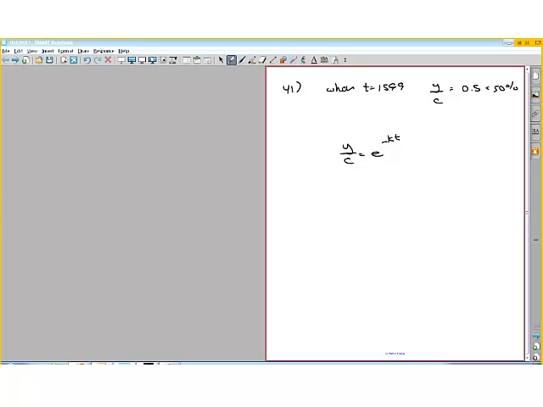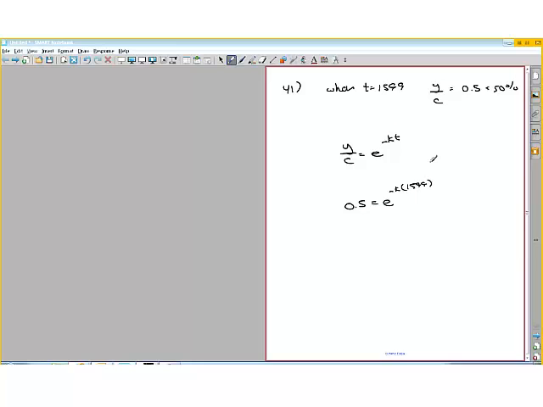So what we're going to do is solve for K, and then plug T in, and then we'll get a ratio, which will be the percentage. So we have half of the remaining when T is equal to 1,599. And as I said, we could go back, since we've already done this, problem 33.